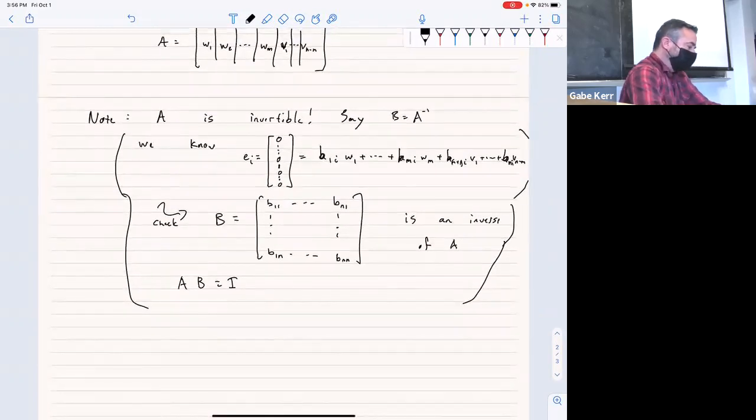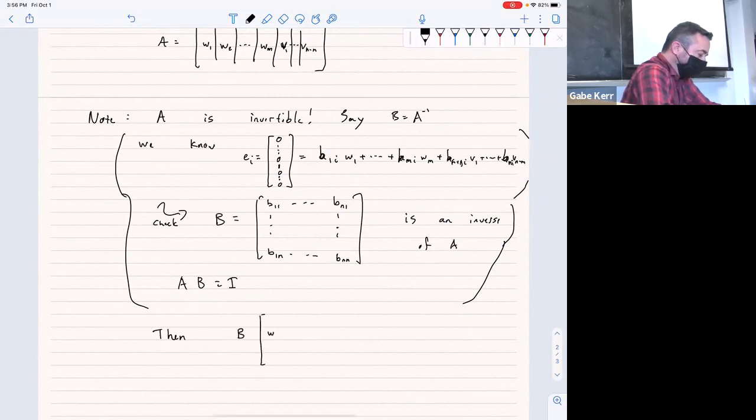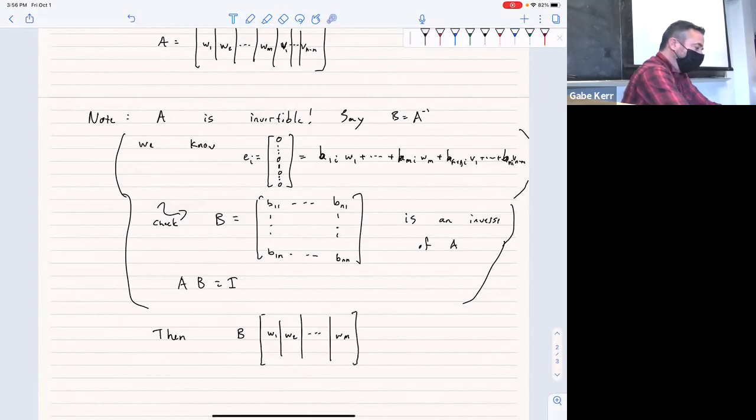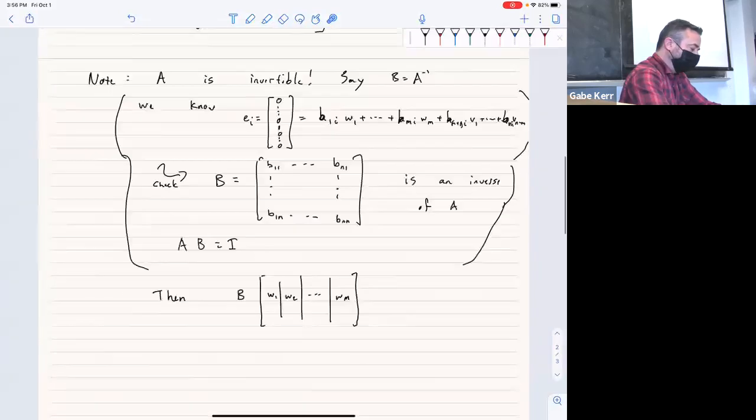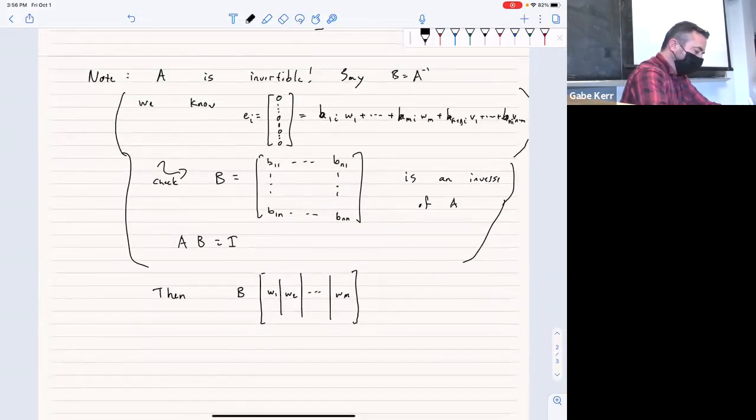Now ask the question for B times A. Actually, ask the question for this matrix: B times W1, W2, and I'll just stop at WM. In other words, this is like an augmented matrix A, but now just kill all of these guys. Just look at B times this. What do I get?